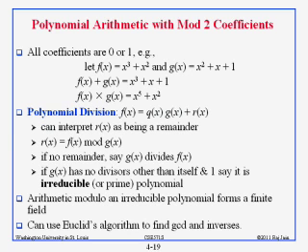Then we add up all of these, we get how much? We get x to the 5 plus nothing here, plus nothing here, plus x squared. So you can get that f(x) times g(x) is x to the 5 plus x squared.